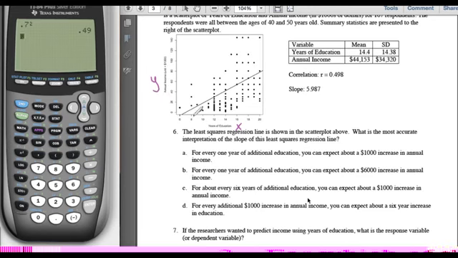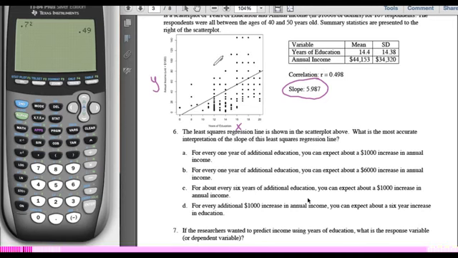So we can see there's a positive trend here. As your years of education increases, so does your annual income. Number 6 says the least squares regression line is shown in the scatter plot above. What is the most accurate interpretation of the slope of this least squares regression line? Well, here's the slope. It's 5.987.